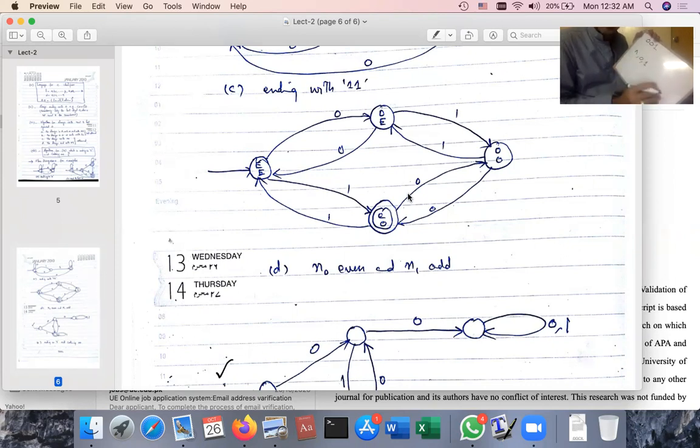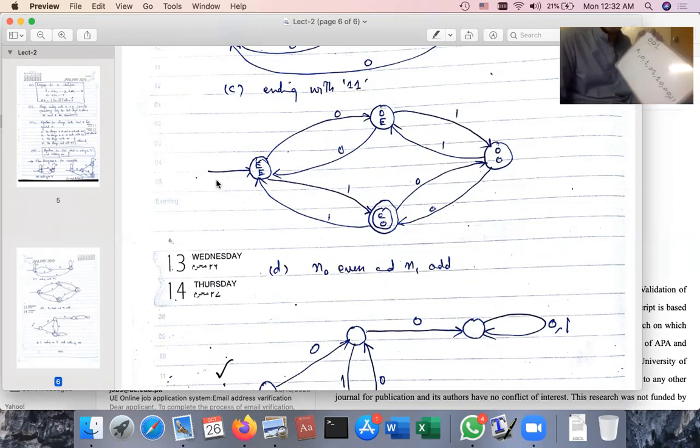Only one is an illegal string for this language, and maybe zero one is illegal. 1 0 is illegal. 0 0 is also illegal because number of zeros is even, but there is no one here. And similarly, 1 1 is also illegal. So the minimum string is this one.